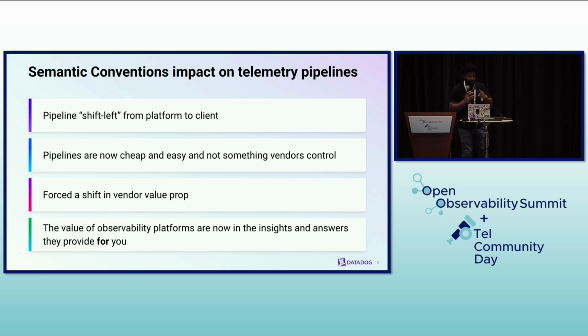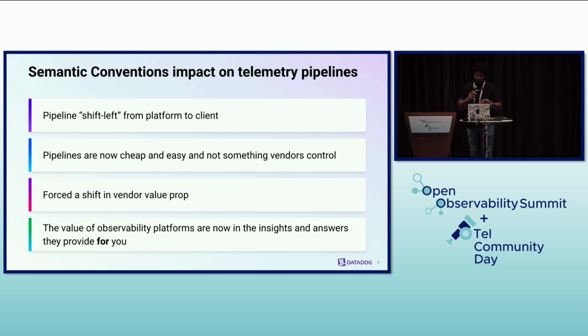And this has led to a shift left of telemetry pipelines from the platform side to the client side. And it's become trivial for users to set up their own pipelines via the collector inside their own environments, democratizing control of observability data. Centralized data governance is now as easy as a few lines of YAML. And this has significantly reduced the costs of building and operating data pipelines.